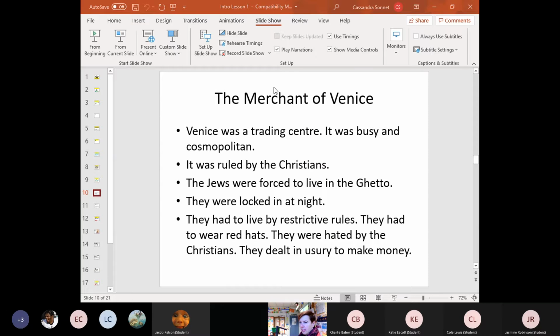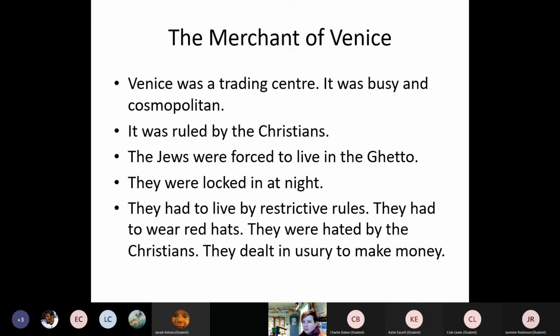Sorry, I've got to keep flicking backwards and forwards. What does cosmopolitan mean? Anyone know? What I'll do is actually I'll just keep this on here for you. Why didn't you have the screen? Oh, yes, Will. Smart. Let me try and do that then.